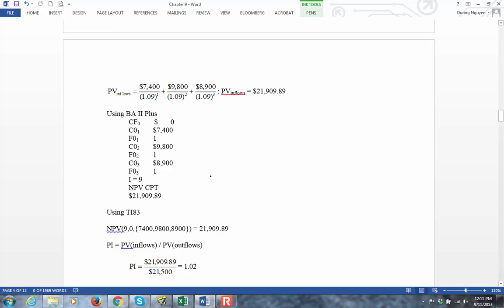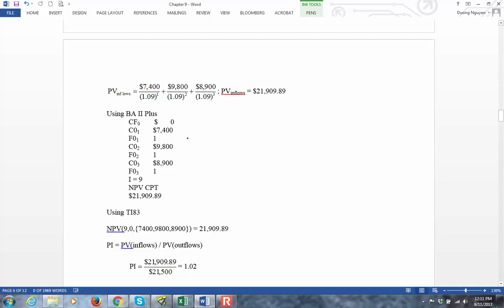So using the calculator, you put interest 9%, zero cash flow for time zero, and then put the cash flows in year 1, year 2, and year 3. And you get the present value of inflows is 21,909.89. The profitability index is the present value of inflows over present value of outflows.